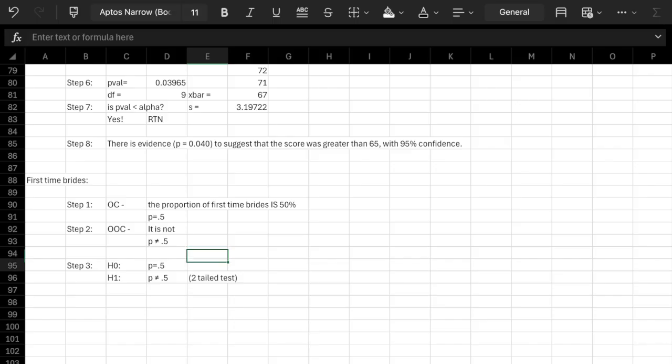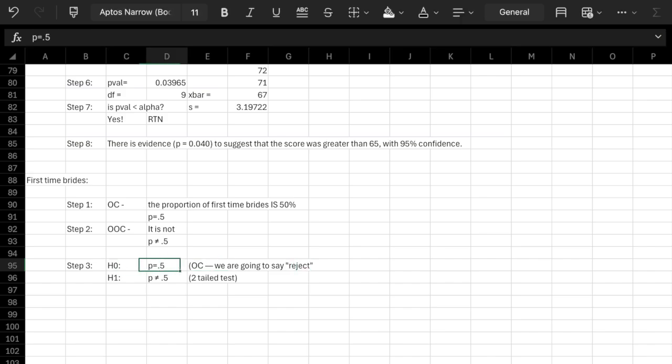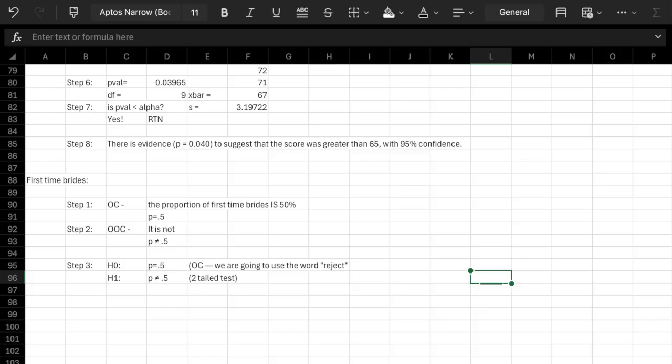Okay, now notice that this one here was the original claim, meaning we are going to use the word reject, because that's what we do when the original claim is in the null hypothesis.